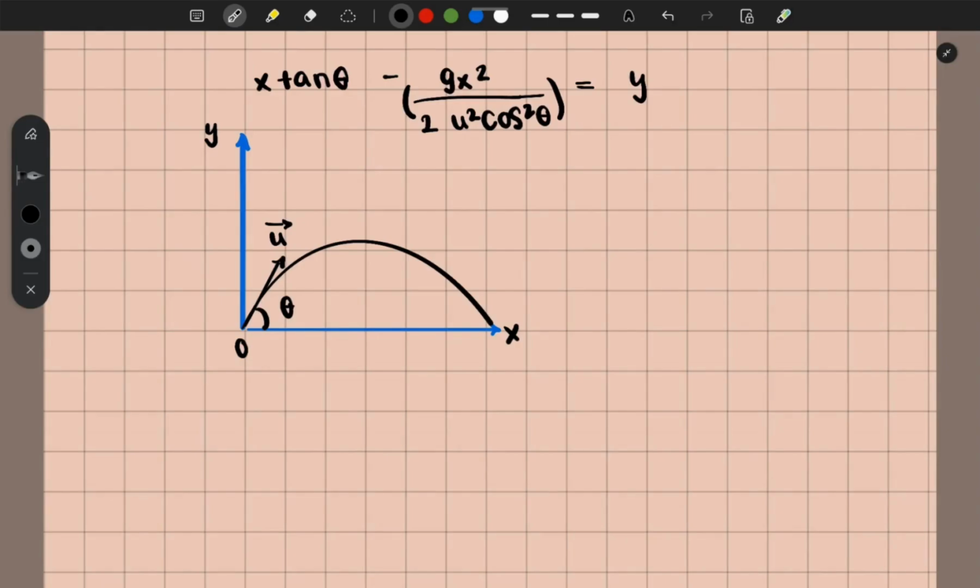First of all, we are going to find at what time the projectile has completed half of its trajectory. Let's call the time at that point Tm.